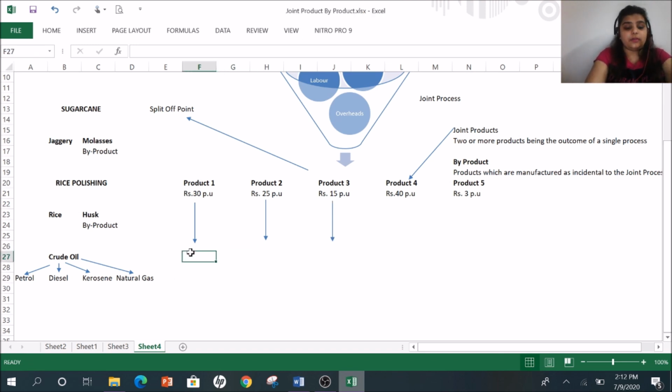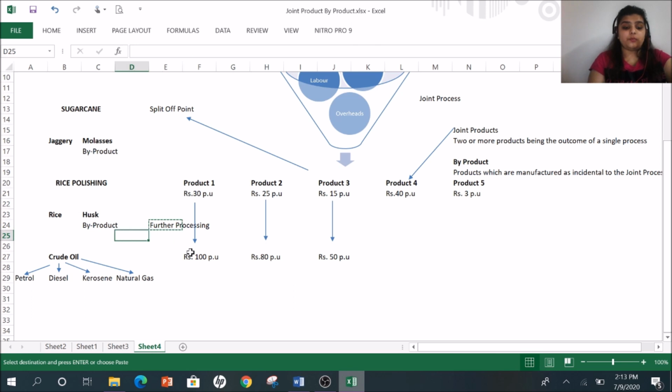So let us say after further processing, I can sell it for rupees 100 per unit, this for rupees 80 per unit, and this for rupees 50 per unit. This process is known as further processing. Further processing of each of these units is separate. These are not together, they have their own further processing processes.